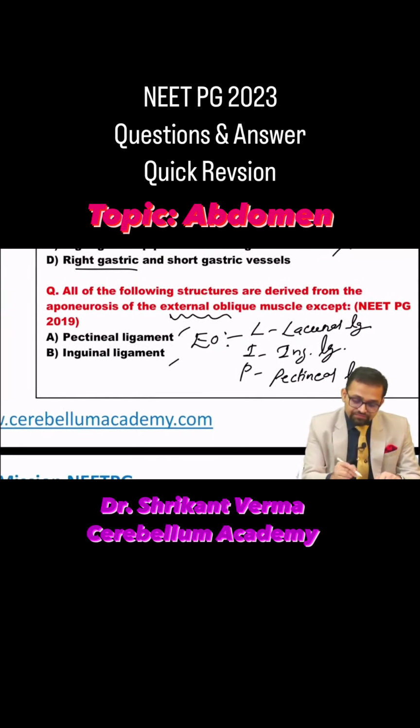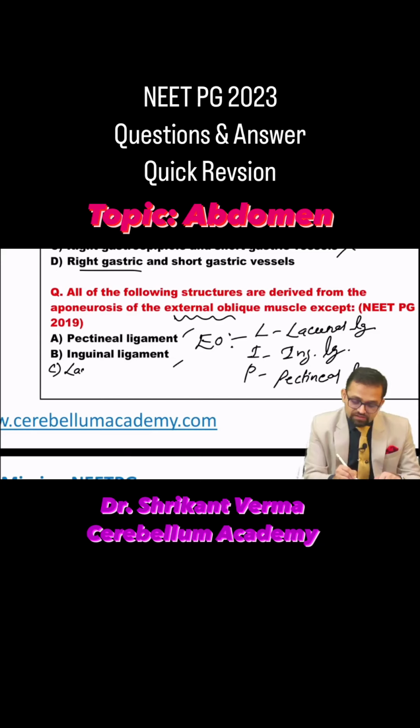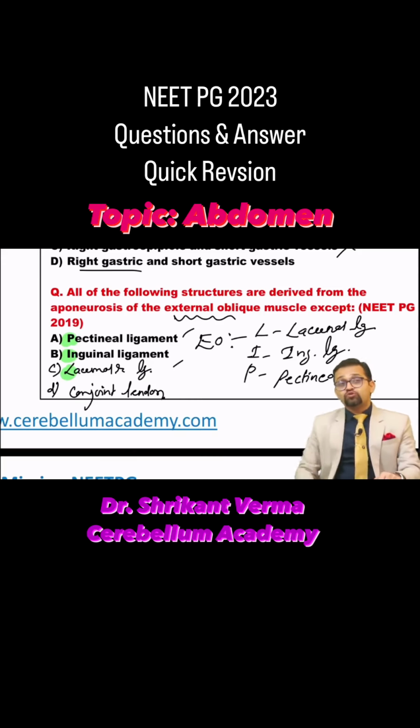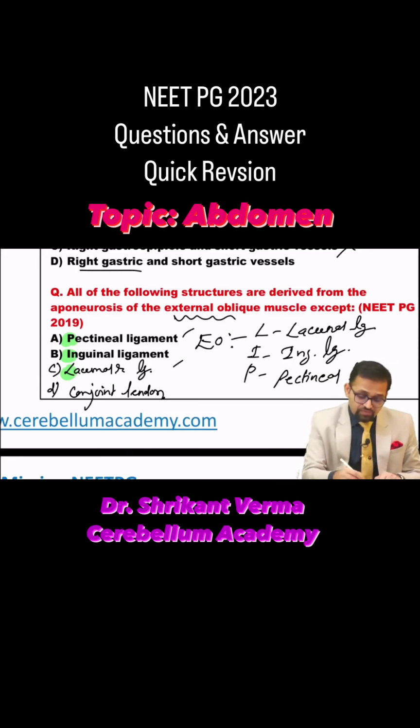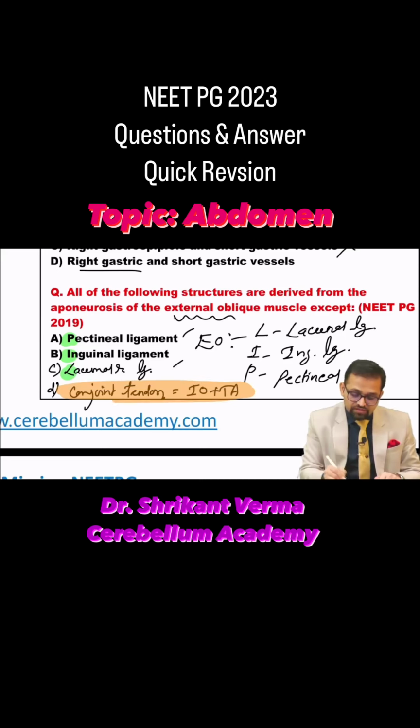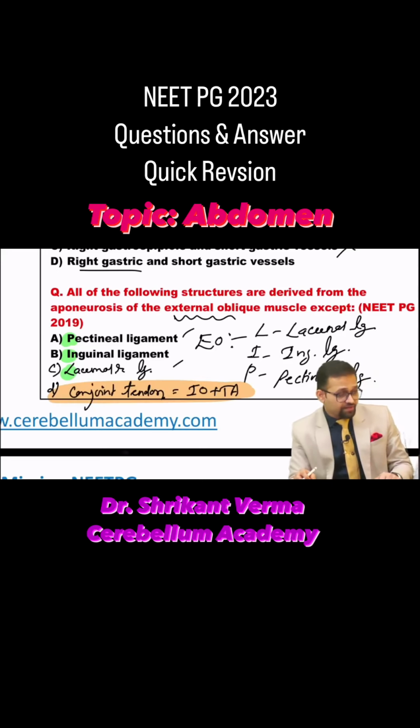The C is lacunar ligament, and you can say one more, suppose conjoint tendon. Remember this LIP, they are modifications of the external oblique aponeurosis, but not the conjoint tendon. Remember one point, conjoint tendon is equal to internal oblique plus transversus abdominis muscle. These points you can remember. Agree, beta? Fine. Okay sir.